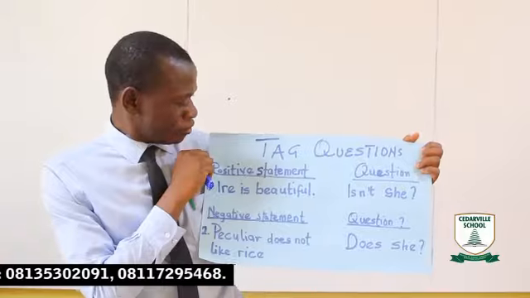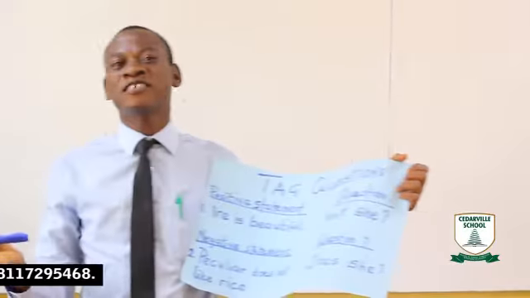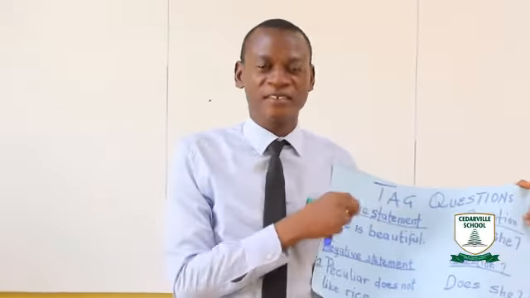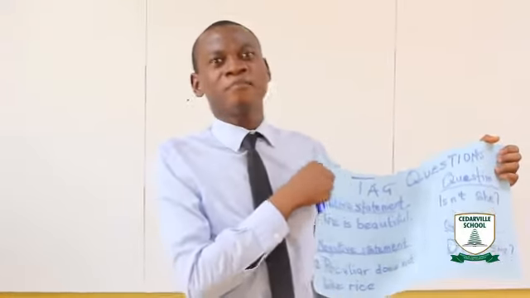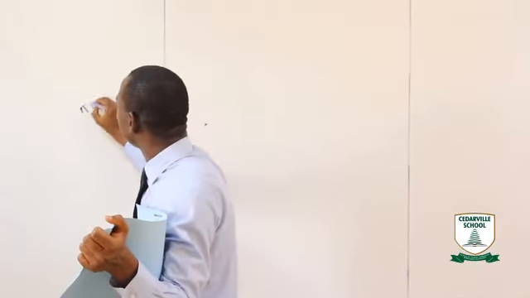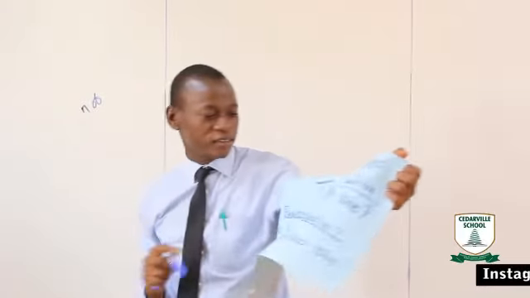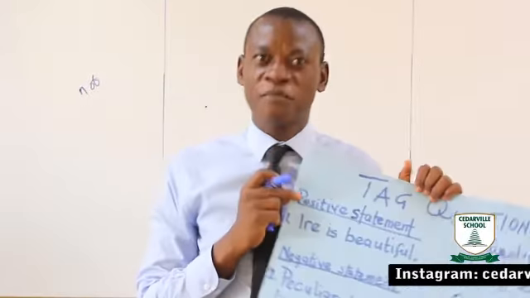Now, we have two types of statements, positive statements and negative statements. In the case of positive statements, that is a statement without the marker, not. The word not. When a statement does not have this word, we refer to it as a positive statement.